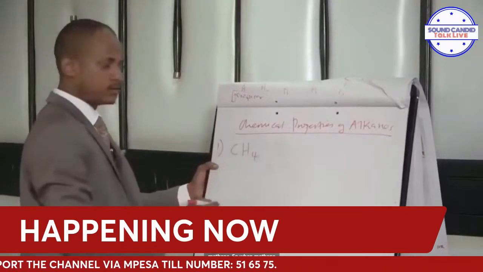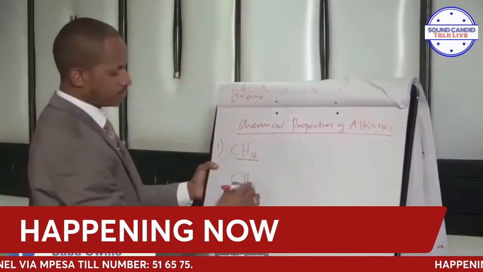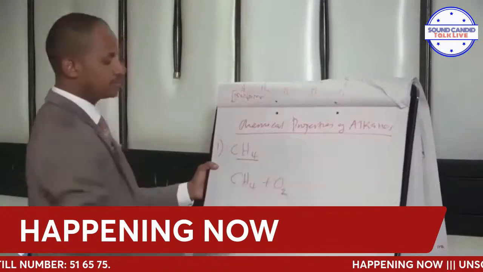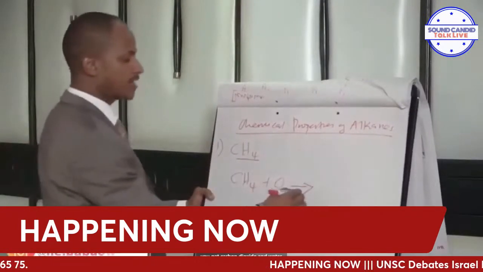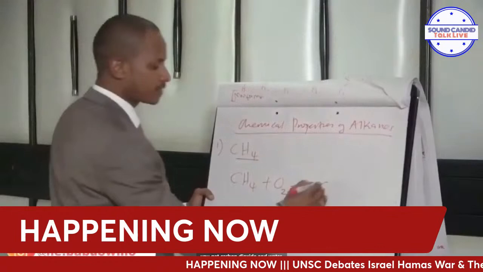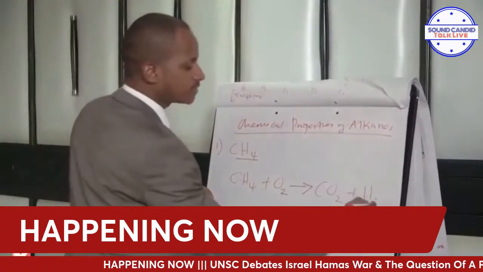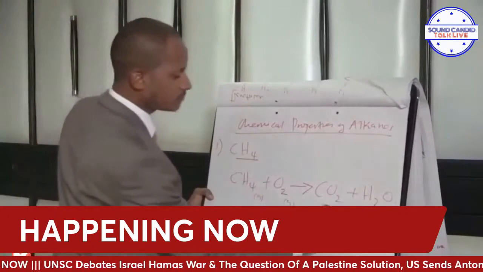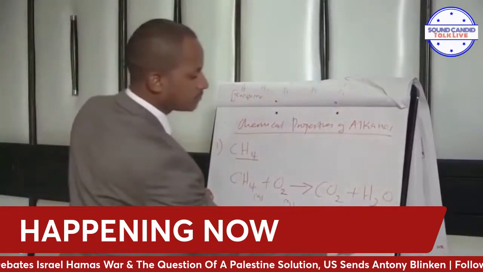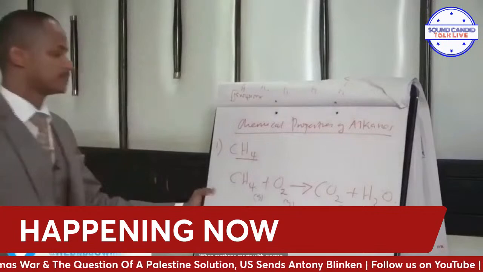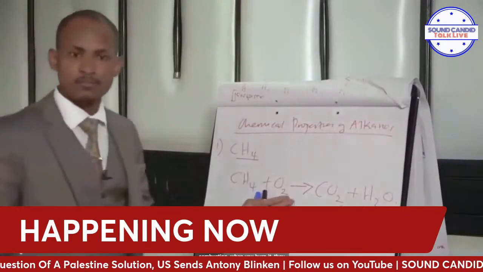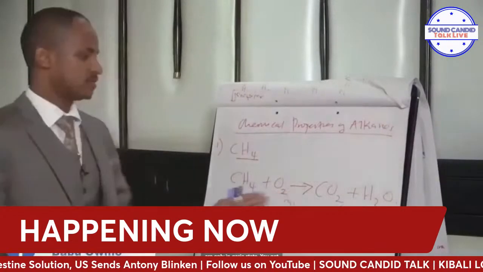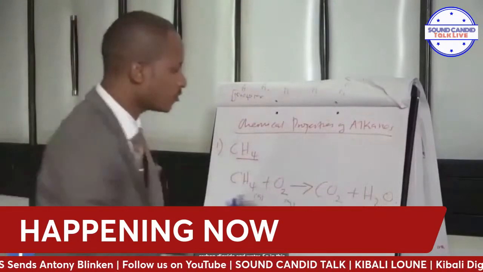So when methane reacts with oxygen, you get carbon dioxide and water, but they are all in gaseous form. When methane reacts with oxygen, combustion, when you burn it, they are all in gaseous state. You get carbon dioxide and water.